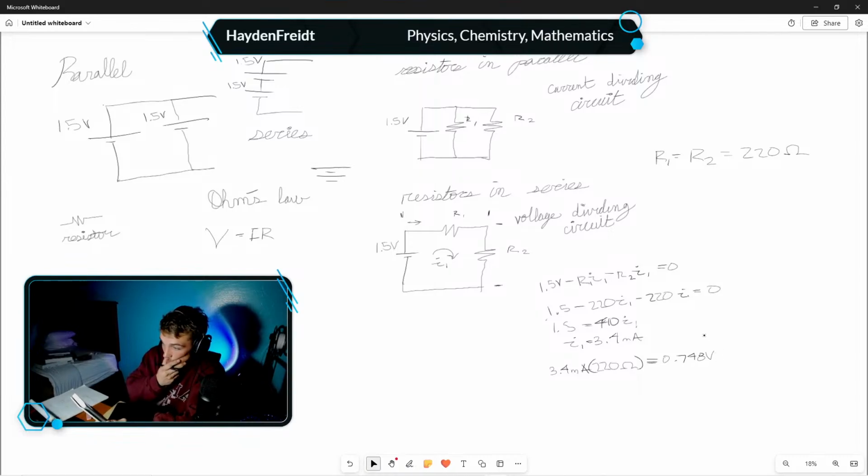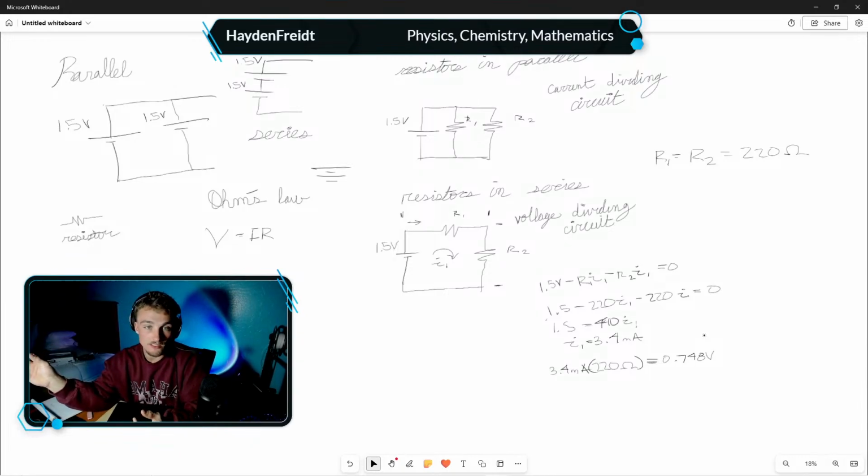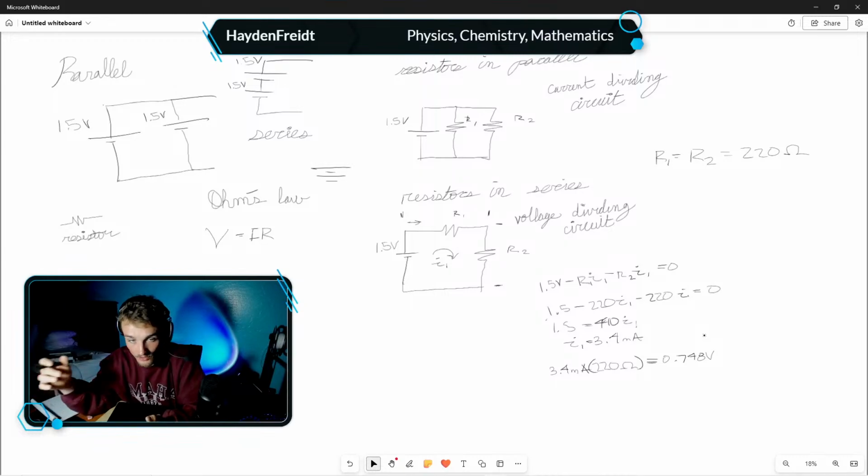Okay, and so that's our voltage drop across the one resistor, and then since it's equivalent resistance on the other one, it's going to be the same voltage drop. And now if you were to take that 0.748 times 2, you would see that it equates to 1.496 volts, which is close enough to 1.5. As I said, I wasn't carrying all the decimal places. And so you can see that if you have the same magnitude of resistance, you're just going to split the voltage into 2.